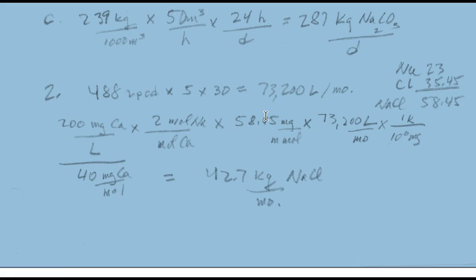There's 40 milligrams of calcium per mole. So the molecular weight of salt is 58 times 73,000 liters, ends up 42.7 kilograms of salt per month.